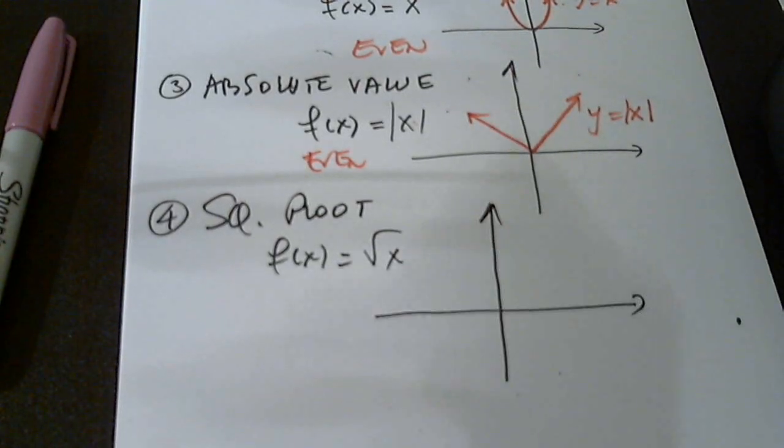Can anyone give us the domain? I didn't ask you for the domain for the other ones. It's all real numbers. But can anyone give us the domain for this one? We discussed the domain of the square root several times. Anyone, please?